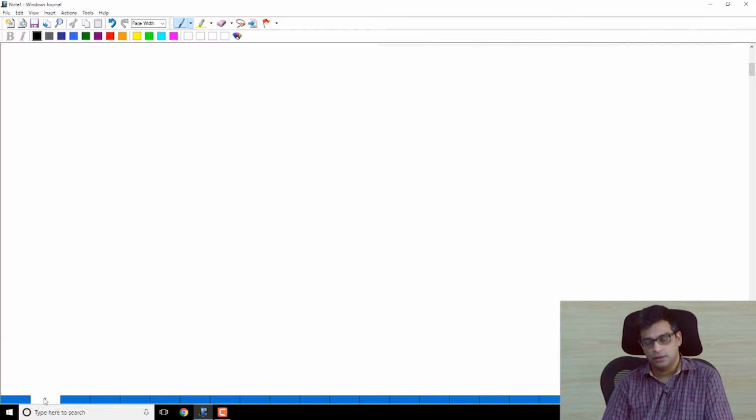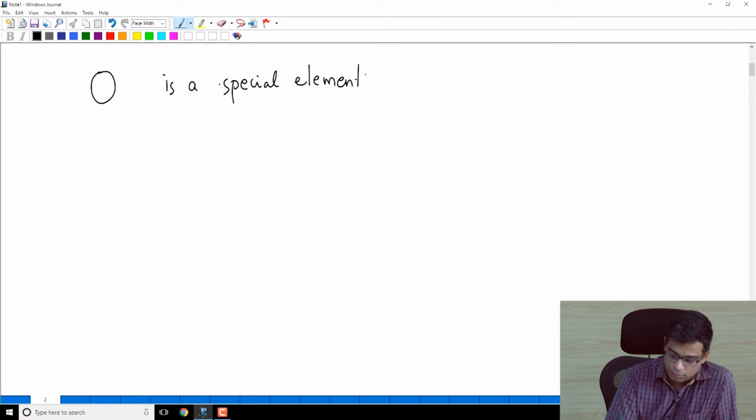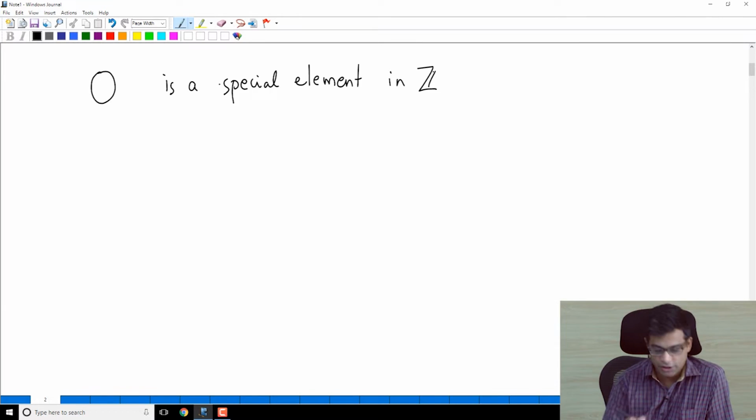So, let us look at another important property of addition. There is a special element called 0. What do I mean by that? Let me say 0 is a special element in Z, special in the following sense.